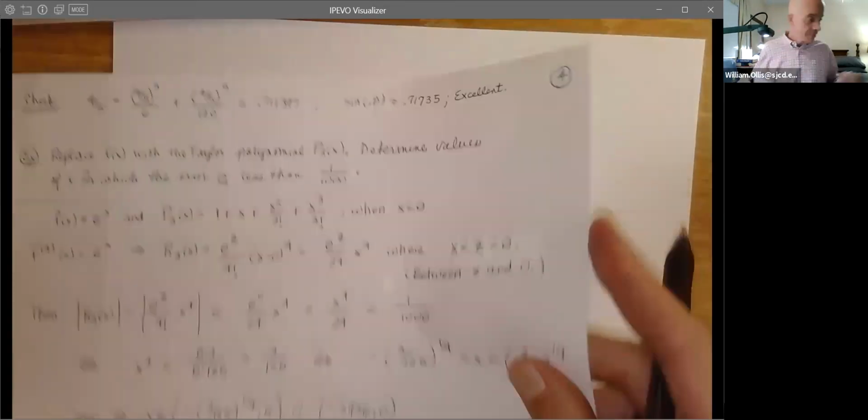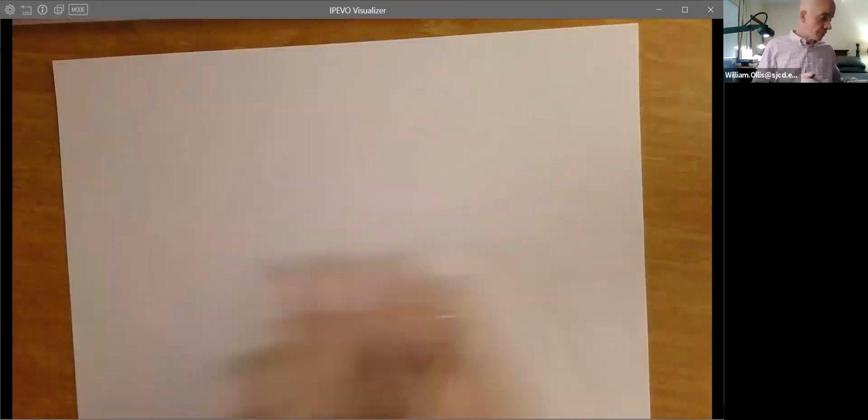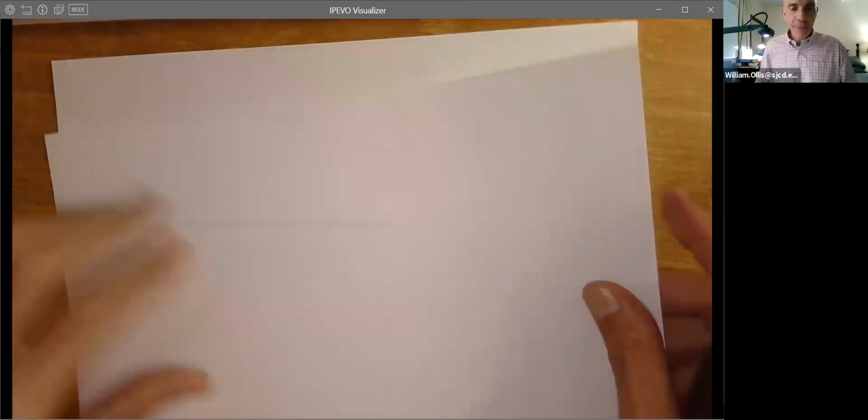So here, what I want to do is look at an example where maybe we have to figure out the degree of the Taylor polynomial. So here's a good one. Now, this is one that we know about.